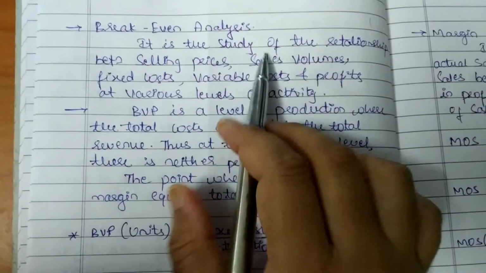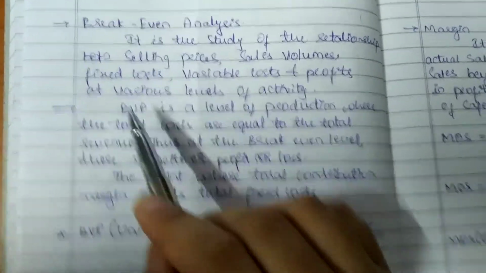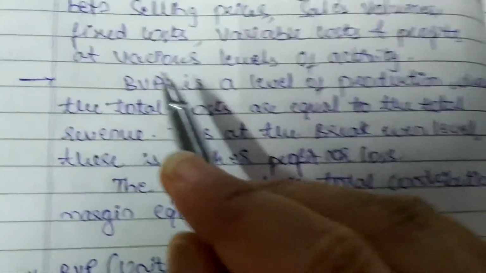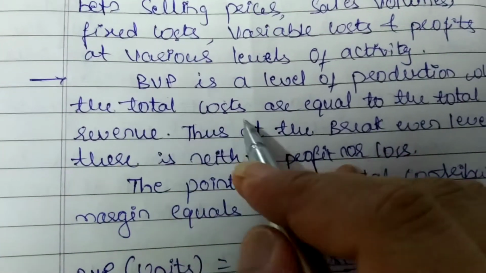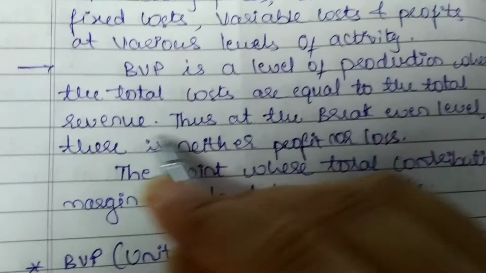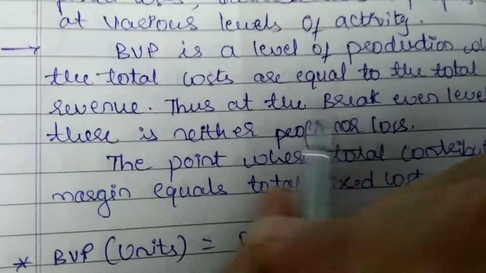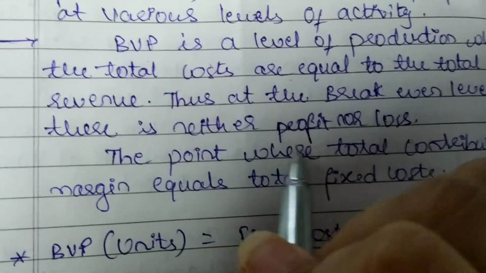The break-even point is a level of production where the total costs equal the total revenue. Thus at the break-even level there is neither profit nor loss.